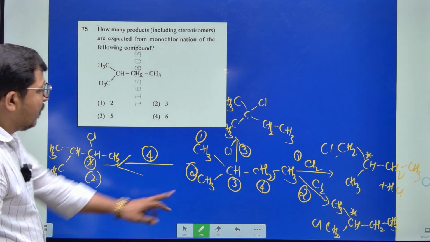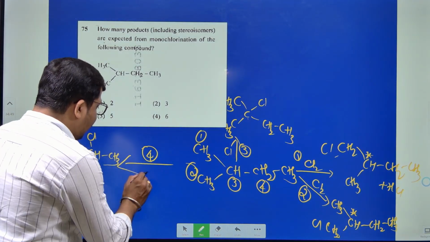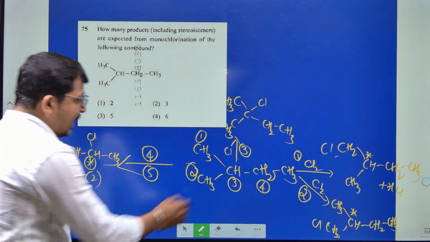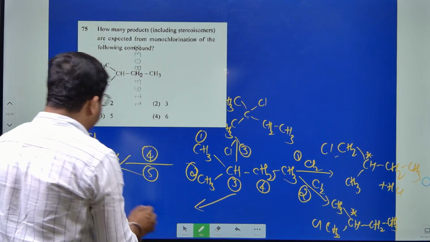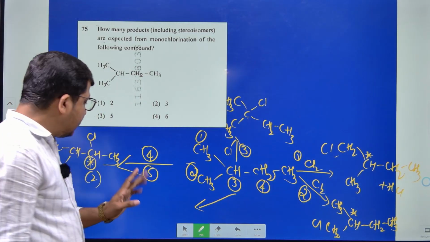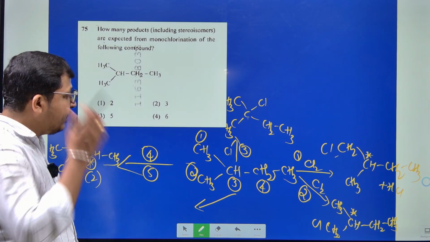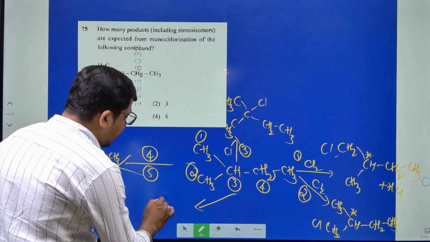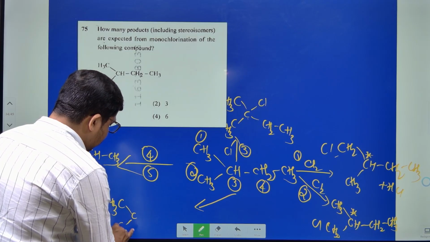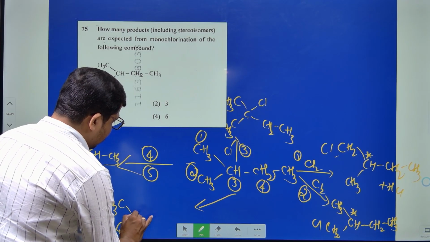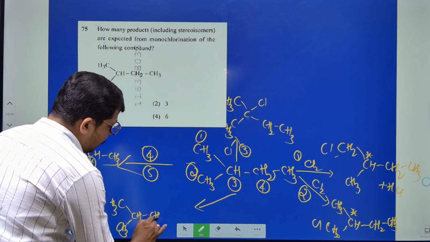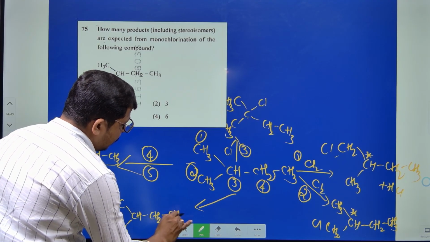Hence, here 1, 2, 3, 4 and 5 are formed, and the sixth one is the last one. Because this one forms two types of isomers, 4 and 5 will be formed here, and the sixth one is CH3, CH3, CH, then CH2, CH2, Cl.